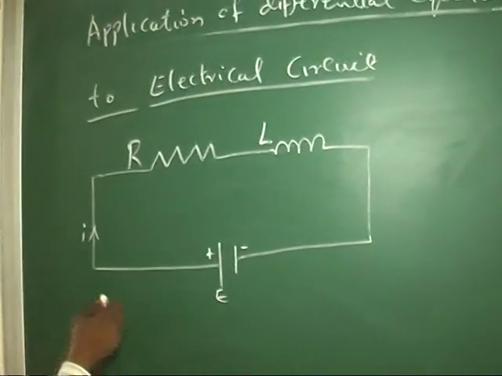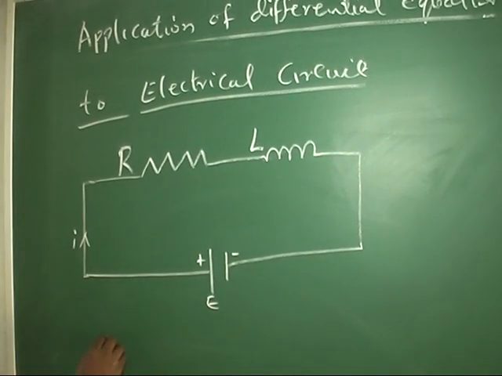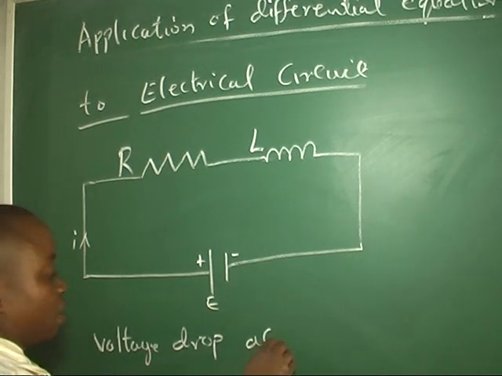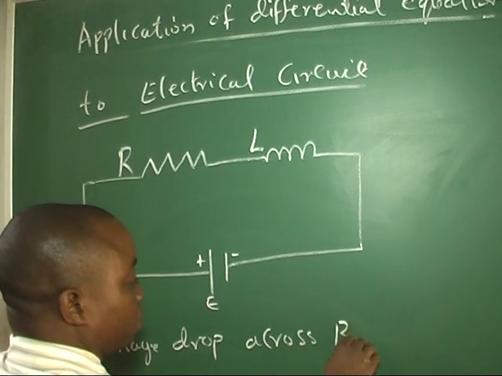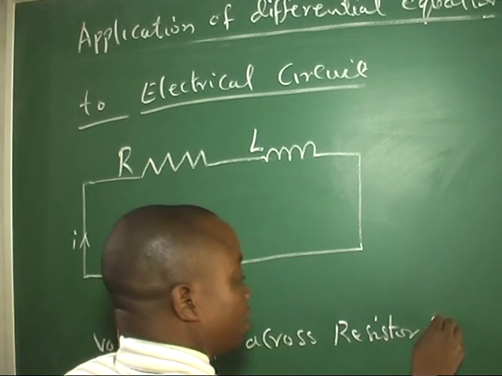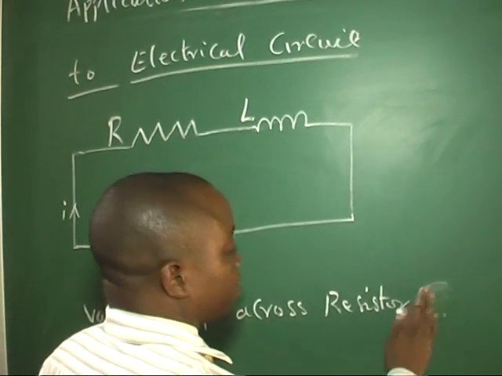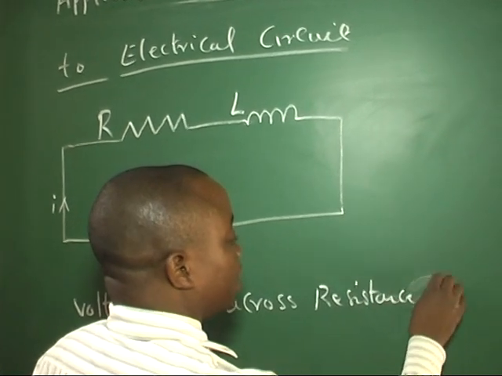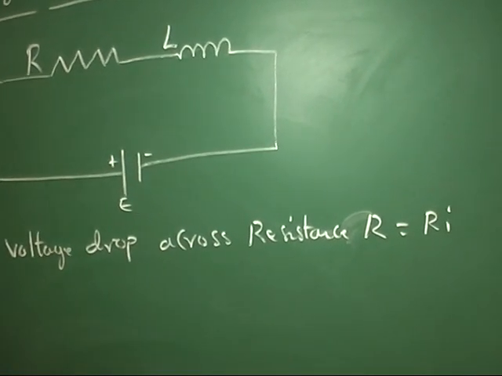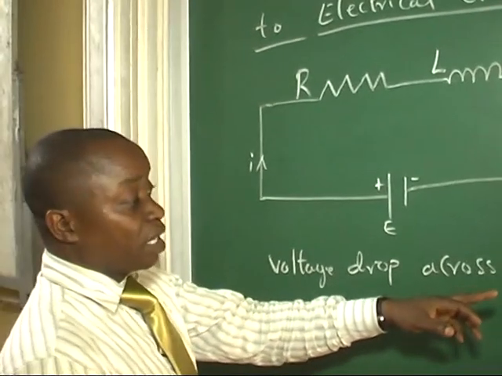So the basic things that we have already known: the voltage drop across a resistance R in a closed circuit is R times I, where I is the current.